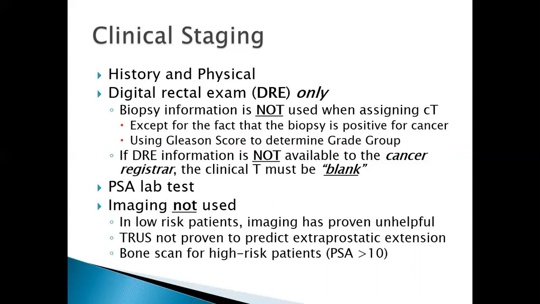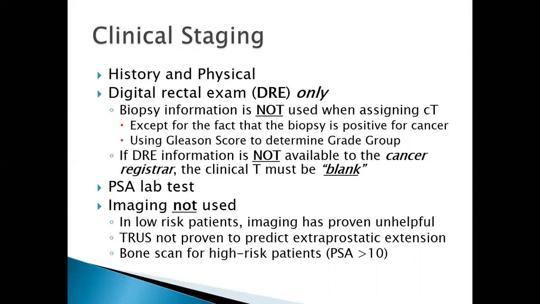But you may run across a case or a few cases when you're working in a facility where the patient may have been diagnosed and received surgery elsewhere, and maybe they're just receiving radiation treatment at your facility, and you don't have that DRE information, and your radiation oncologist didn't include the DRE results in the consult.